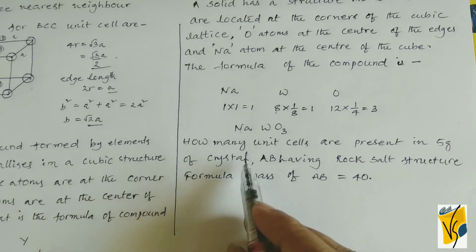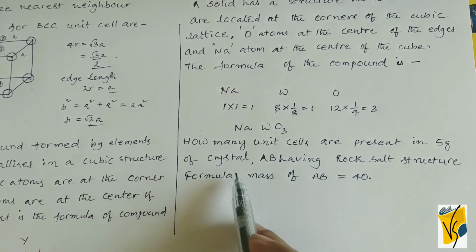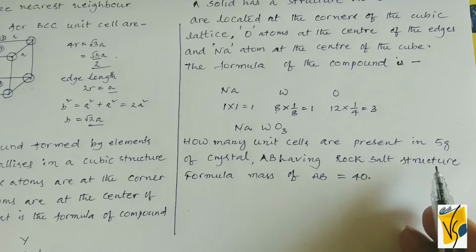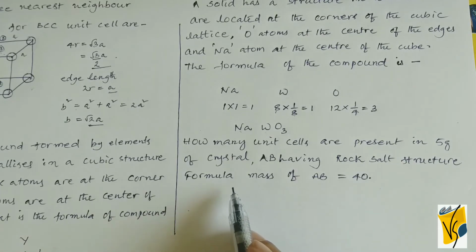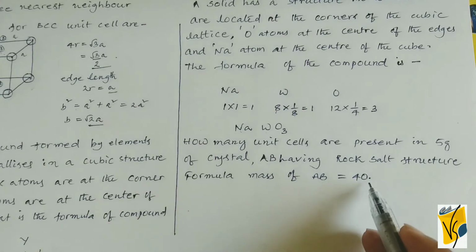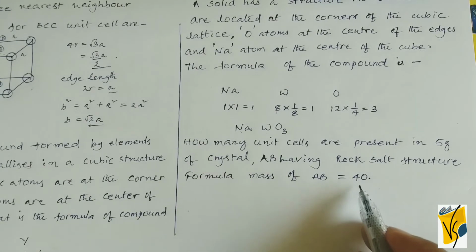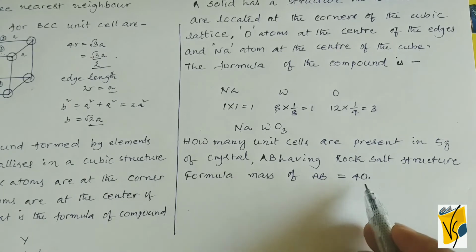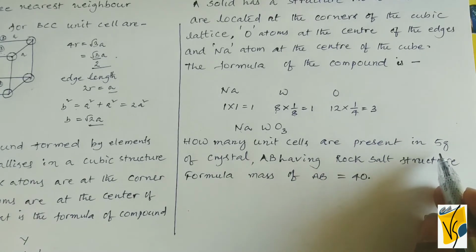Next problem: how many unit cells are present in 5 grams of crystal AB having a rock salt type of structure? And here the formula mass of AB is given, that is 40, right? This is formula mass, and we have to find out the number of unit cells. Before finding out the number of unit cells, we'll find out the number of moles present in 5 grams of the crystal, right?